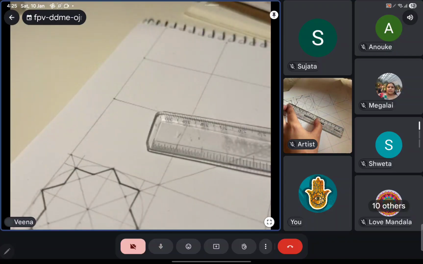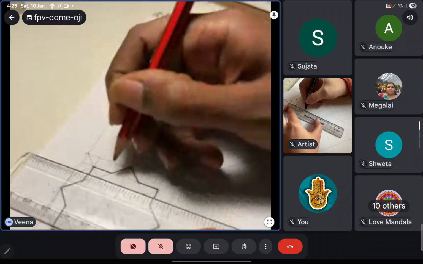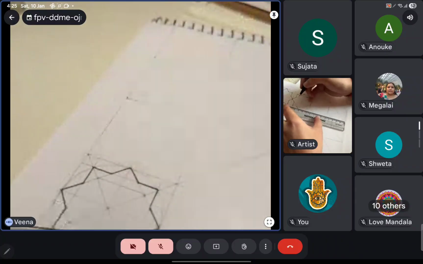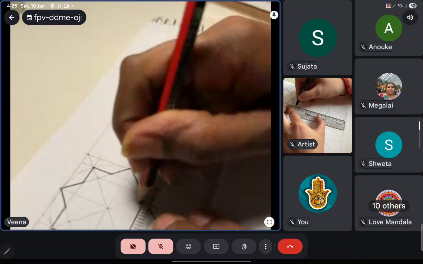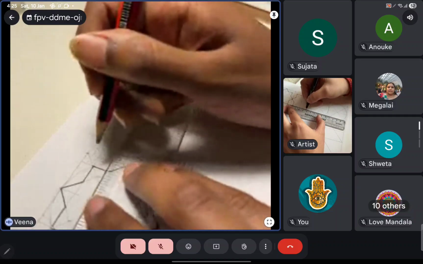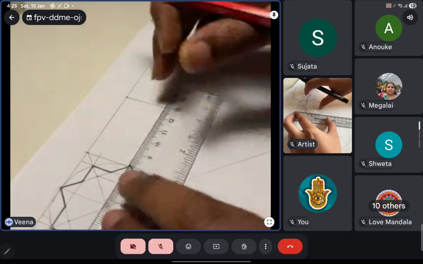Yeah. Okay, good. So marking these points, then you can take the shorter scale now.